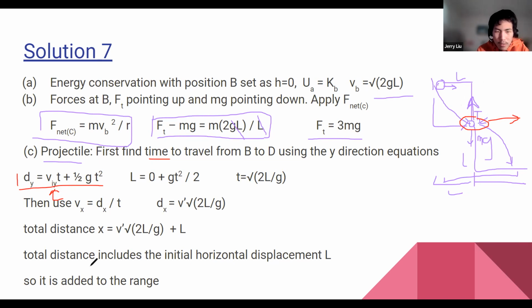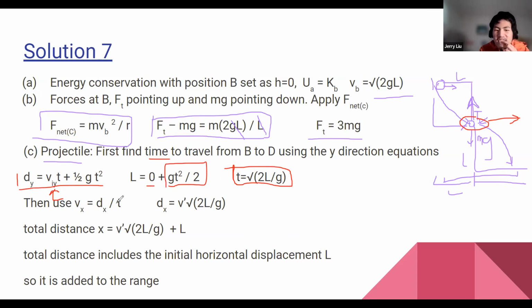There is no up down velocity, so we can just put that as 0. So L is just gt squared over 2, and rearranging to put t in terms of L and g makes this thing become t equal to the square root of 2L over g.